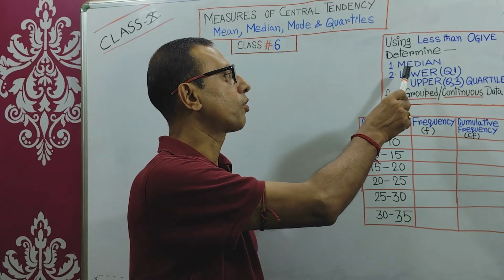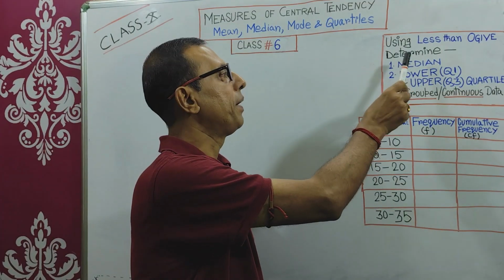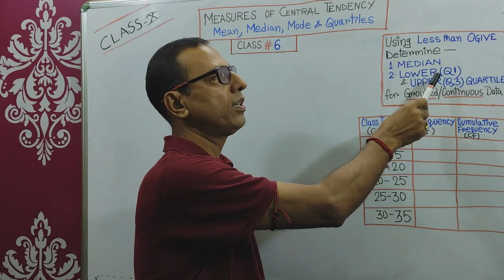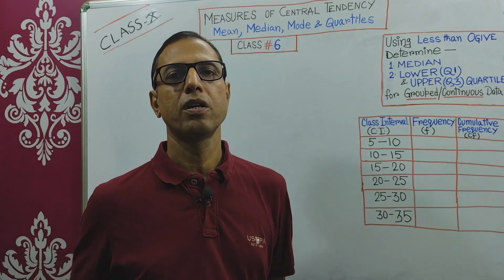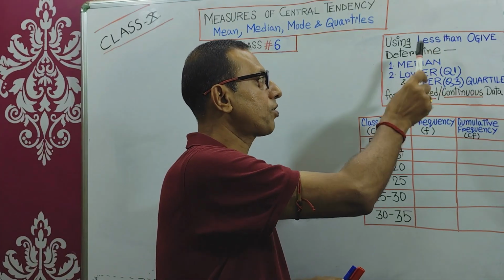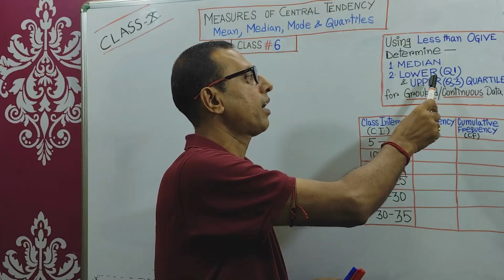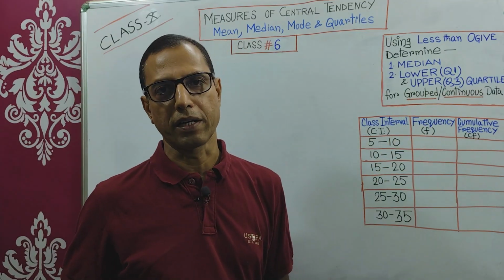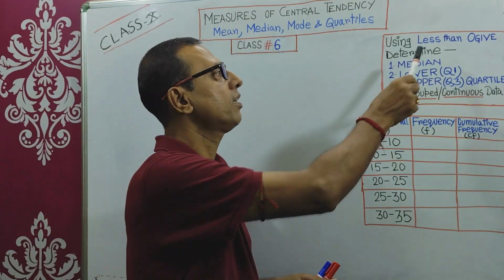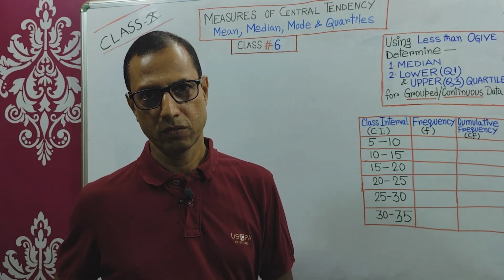But here we are going to cover how to determine median, lower quartile, upper quartile using less than ogive or less than cumulative frequency table, because this determination of median and lower and upper quartile for group data mostly you will be asked to determine using ogive, right?